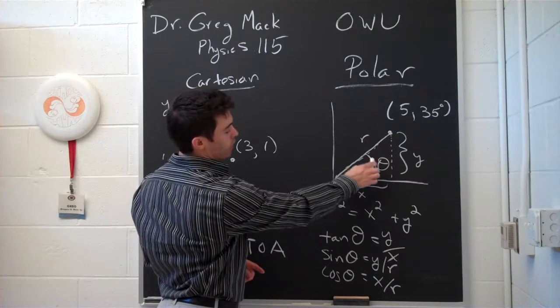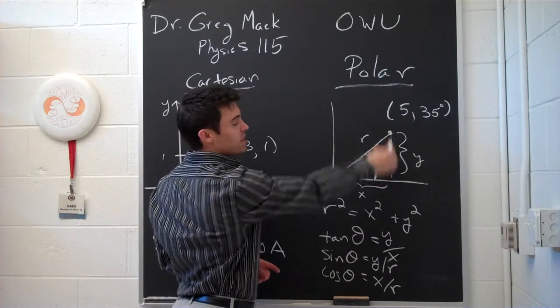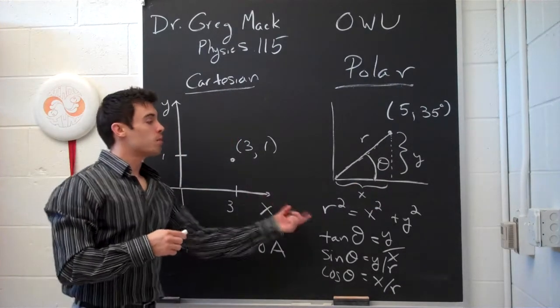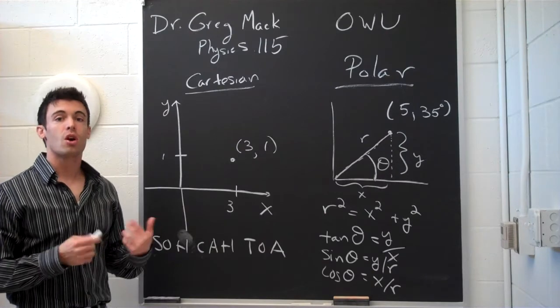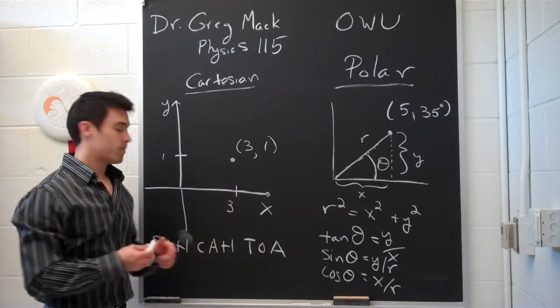So here, the angle is drawn from the positive x-axis, so the opposite side is y, the adjacent side is the x. So you can go back and forth between these two different coordinate systems, which is great for actually being able to define things in 2 dimensions.